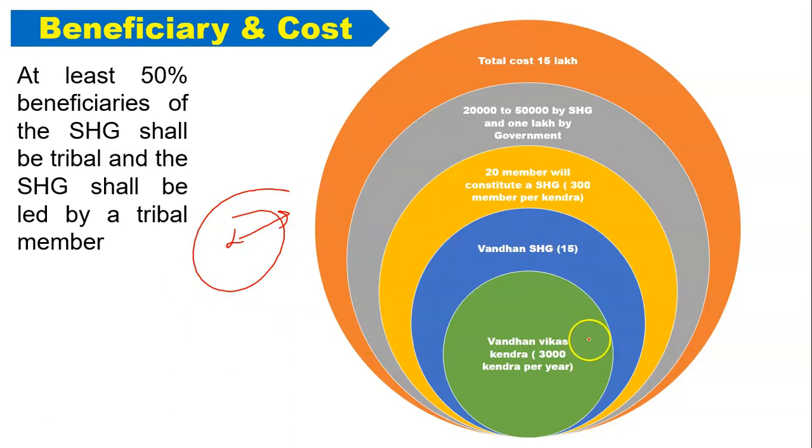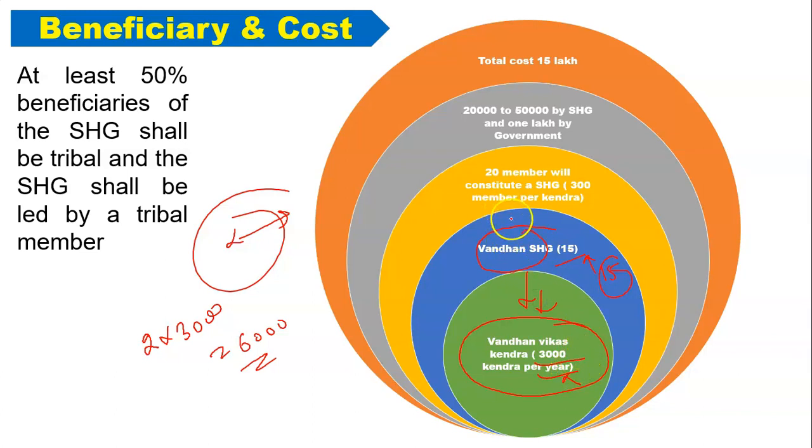At a very broad level, at a very core level, we can say that there is a Dhan Vikas Kendra and the government is going to develop 3000 Kendras per year, and in 2 years it will develop 6000 Kendras. Then this Dhan Kendra will comprise Dhan self-help groups, and these self-help groups will be 15 in number. It means 15 Dhan self-help groups will make a Dhan Vikas Kendra.